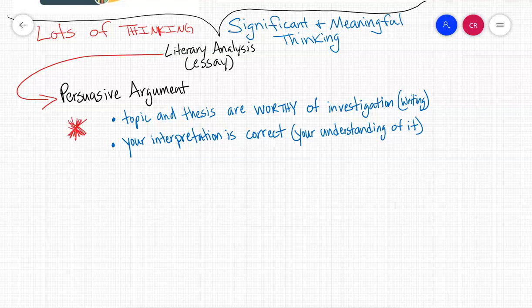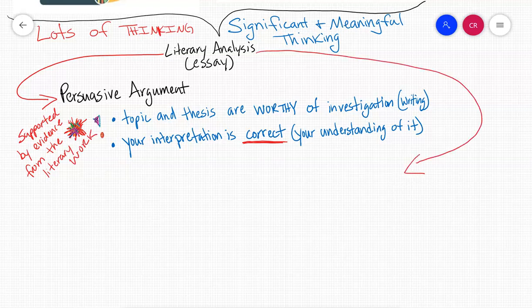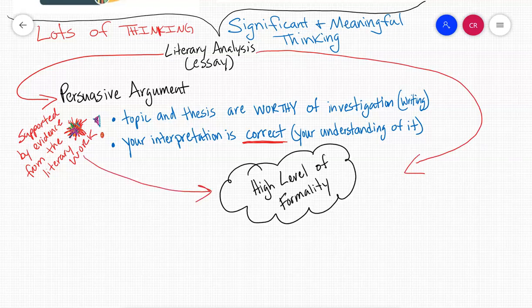And how do you know whether or not your interpretation is correct? Well, it's because it's supported by evidence. It's supported by the author's words. And this is what I was saying earlier about you working in conjunction with the author. The literary work itself is going to support what you have to say. So when you write an essay like this, you end up with a high level of formality.